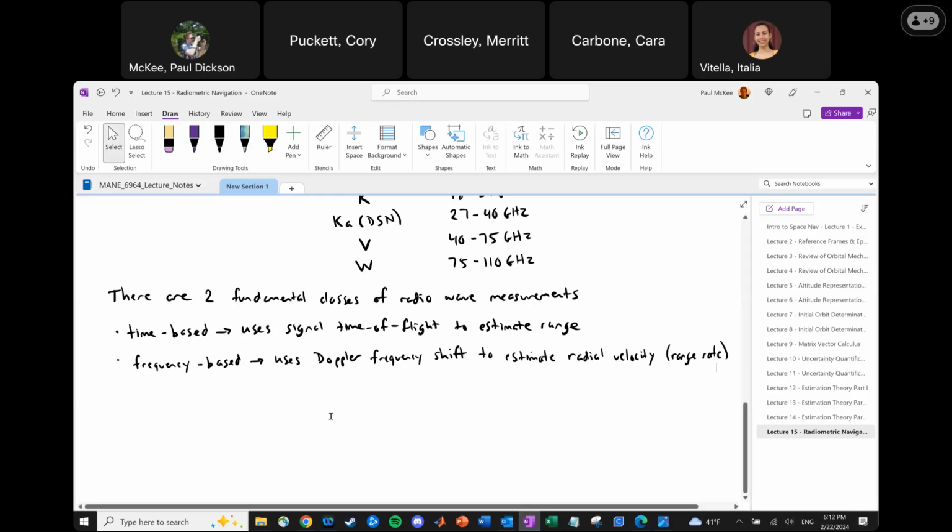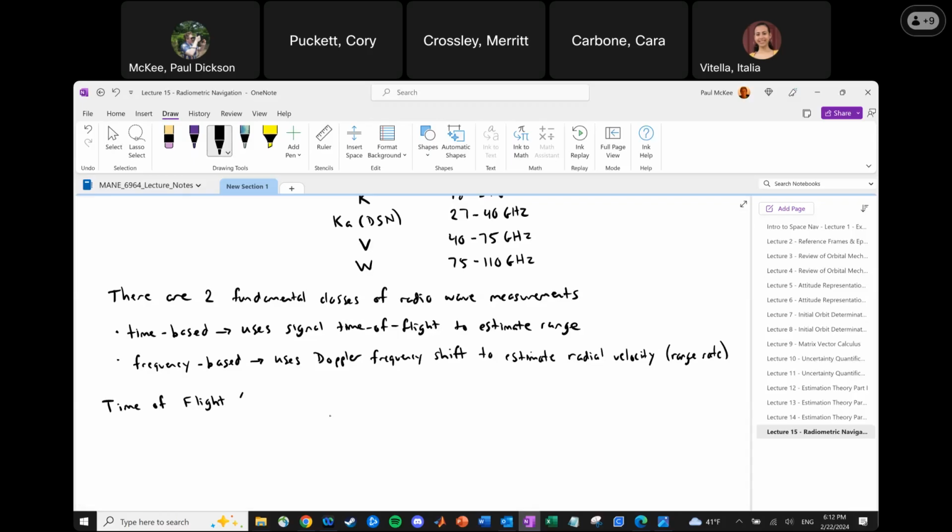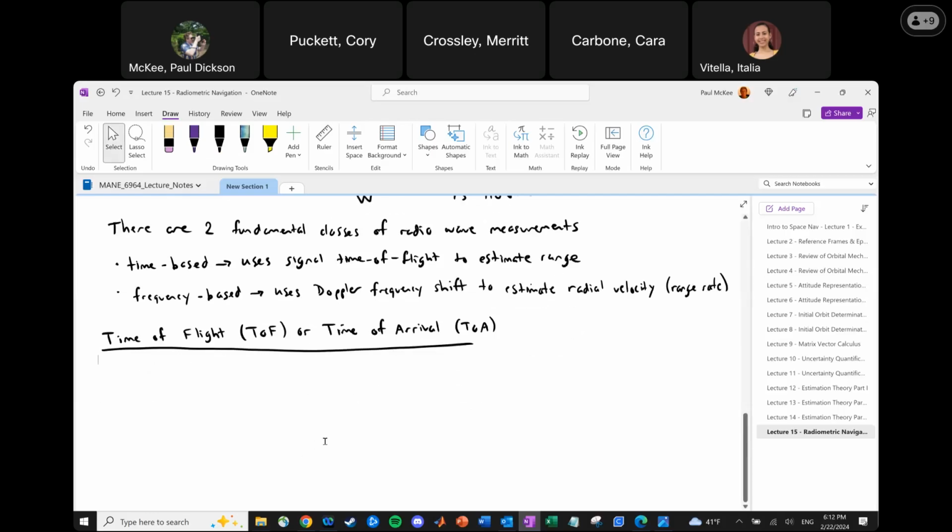So the first kind of general method of navigating using radio wave measurements is called time of flight or time of arrival. Time of flight, which is sometimes abbreviated as TOF, or time of arrival, which is TOA. Same idea, it's two different names. So the idea here is we estimate the distance between the transmitter and the receiver by measuring the light time between them, which is kind of what I said before.